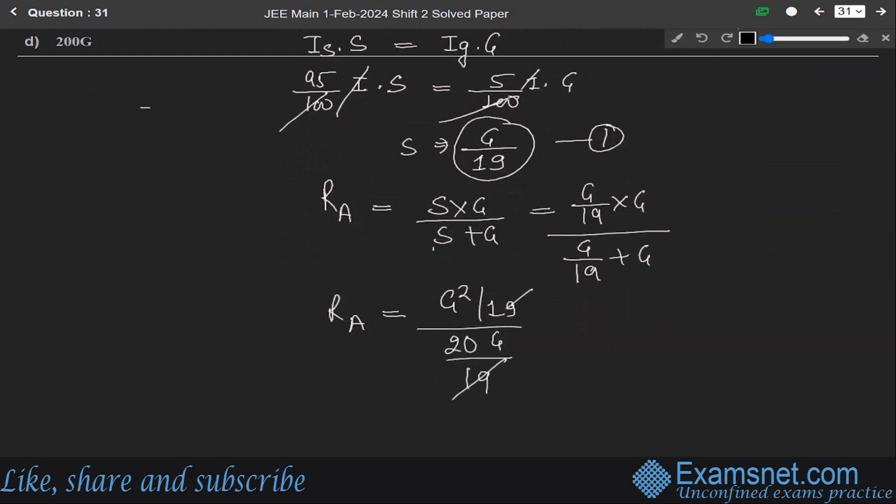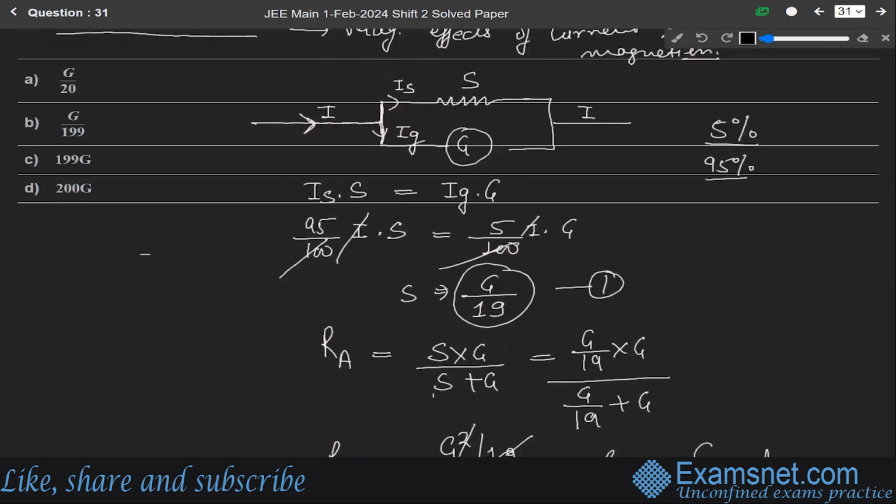This 19 cancels, one G cancels one G. So RA will be equal to G over 20. This is our final answer. So the correct option is option A, G over 20.